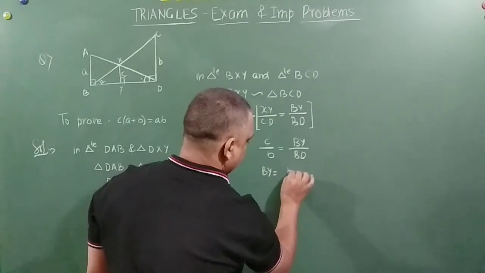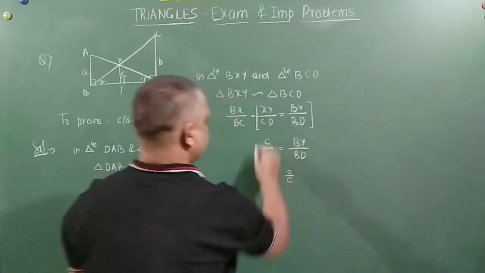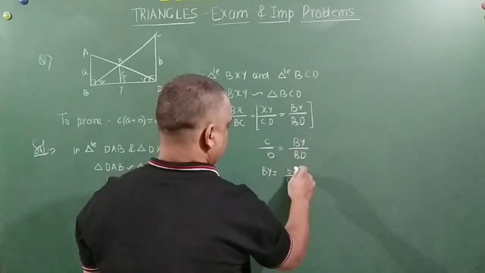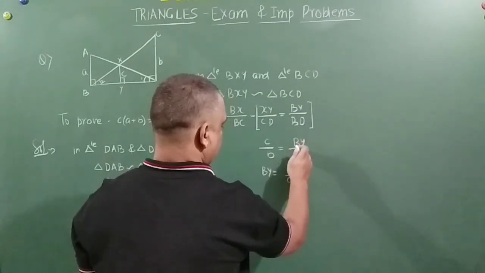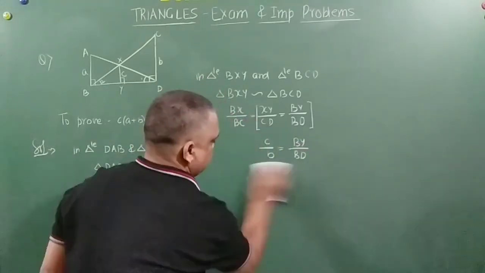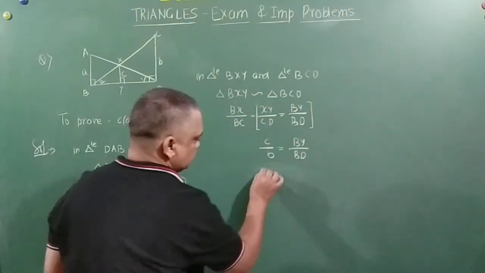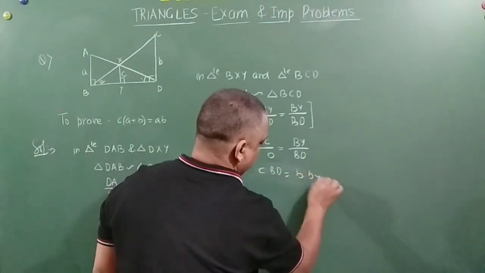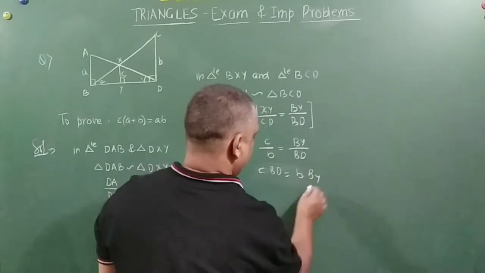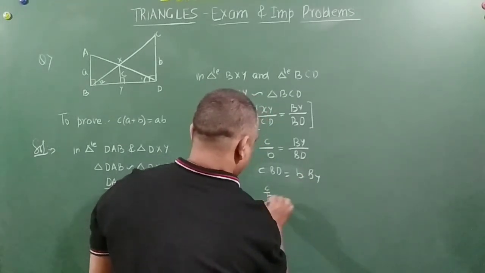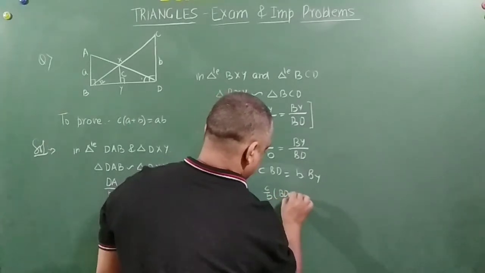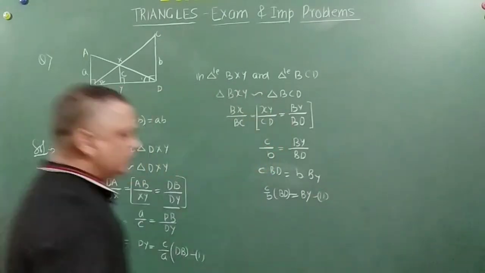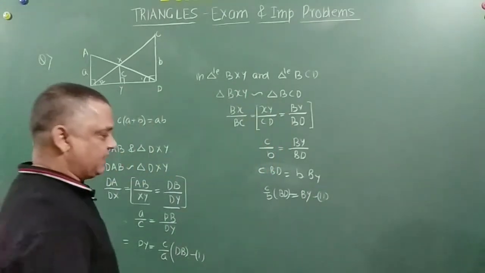So this will become reverse, B by C. So C into BD is equal to B into BY. Now I want to find the value of BY. So BY is nothing but C by B into BD. Right. So this is the second equation that we have got.